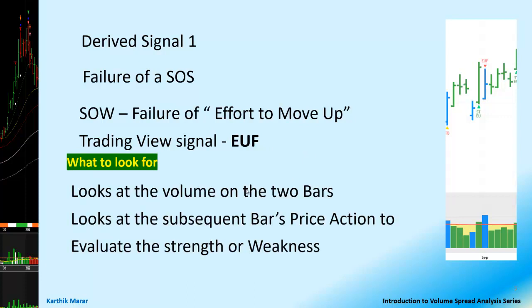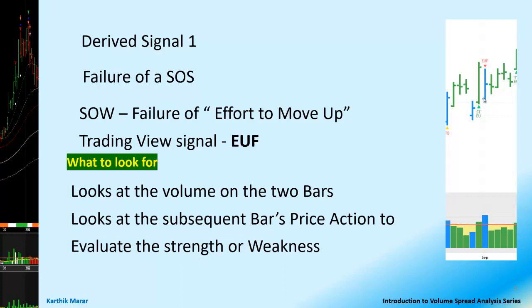So we need to look at the volume on the 2 bars and also the spread on the 2 bars, and look at the subsequent bars' price action to evaluate the strength or weakness.